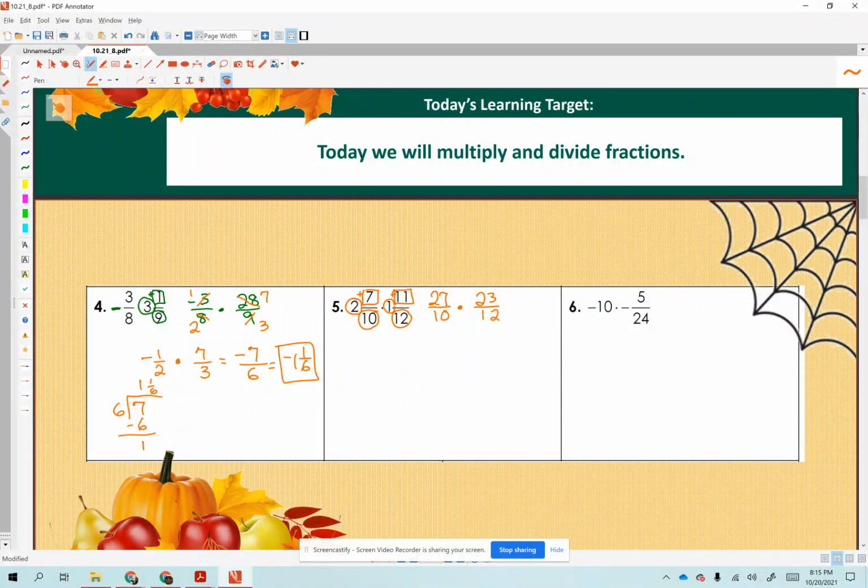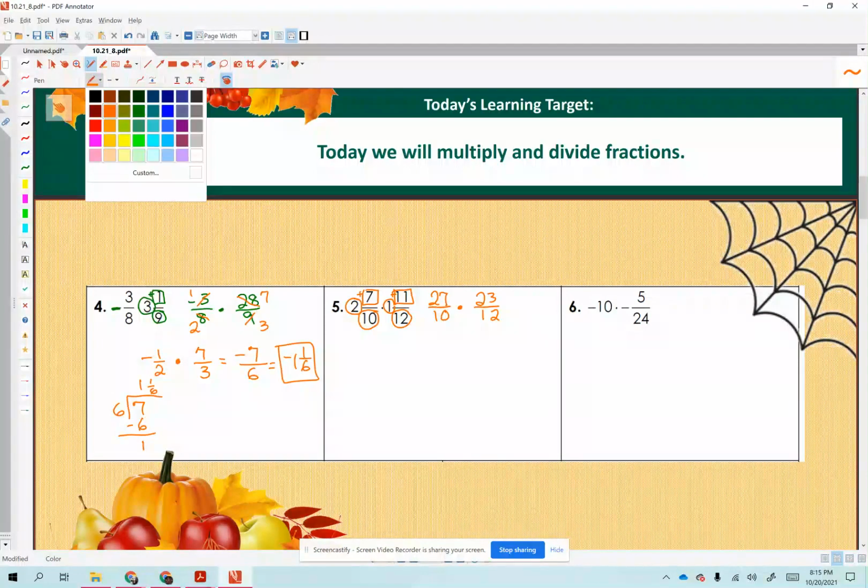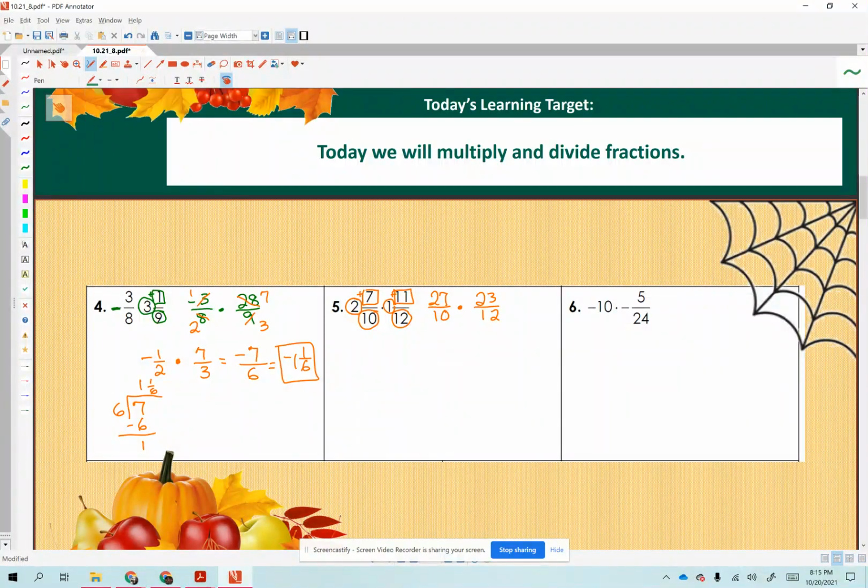So we can reduce that because 12 and 27 are both divisible by 3. And we cannot simplify the 10 and the 23. 23 is a prime number. So let's simplify: 27 divided by 3 is 9. 12 divided by 3 is 4.